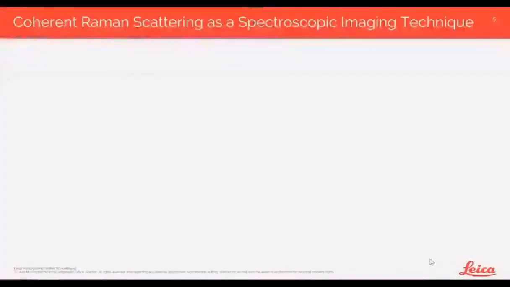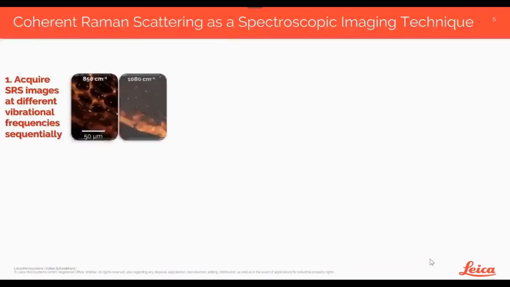Raman spectra are taken in a quite different fashion from classical spontaneous Raman spectroscopy. In spontaneous Raman spectroscopy, you would park a laser beam at one image pixel, take an entire spectrum at that point, and then move your laser beam to the next pixel, acquire a spectrum again, and so on. In our case, it's quite the opposite.